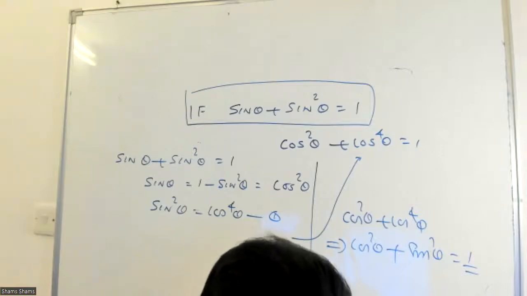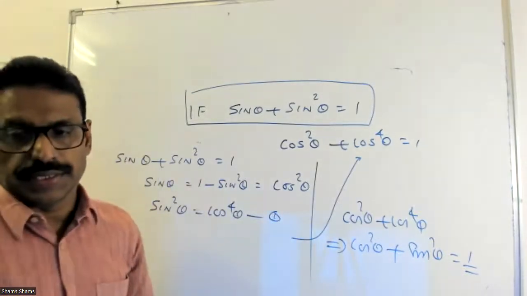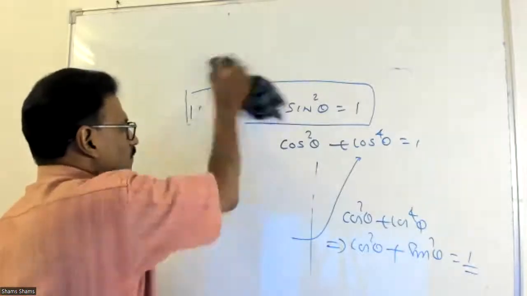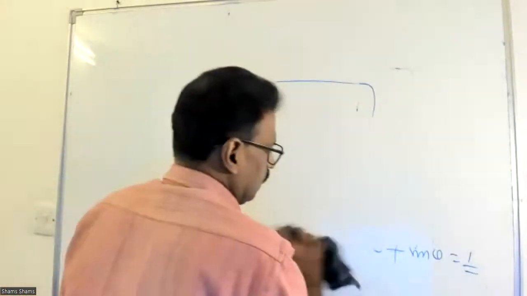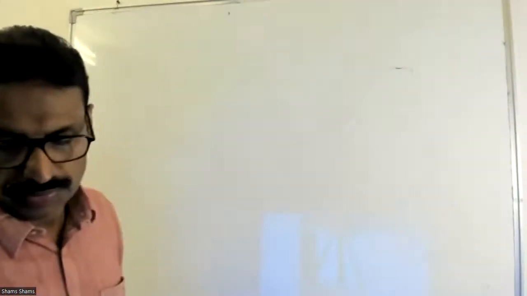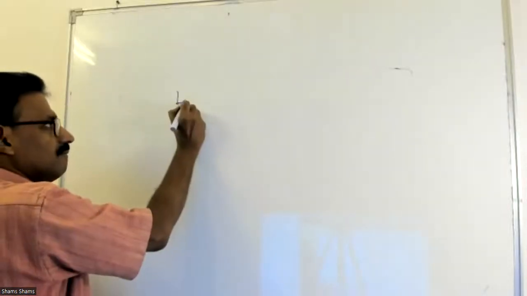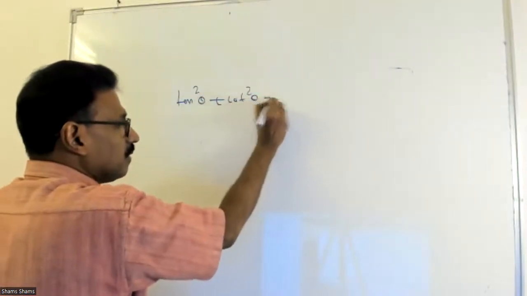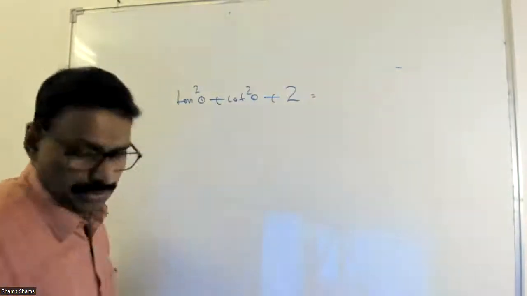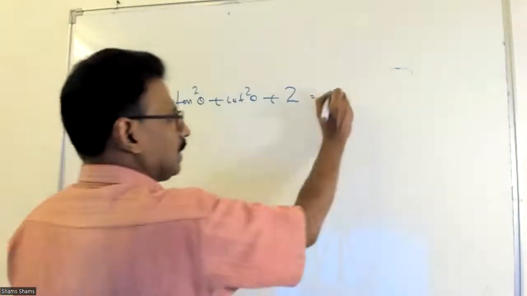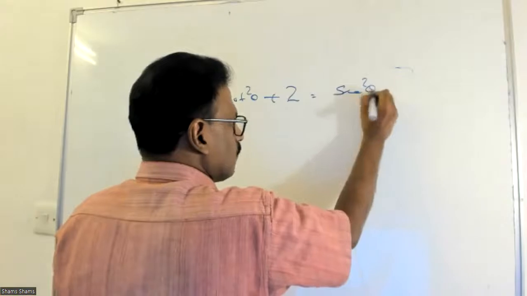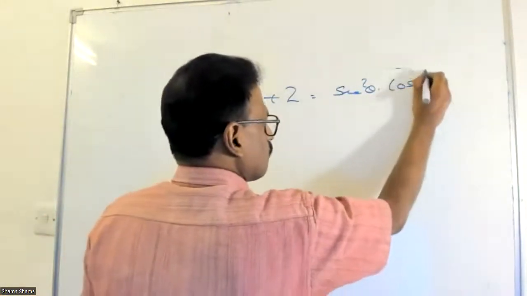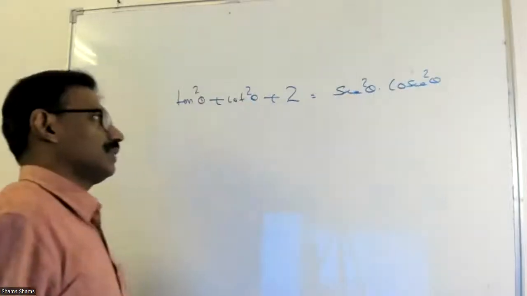Tan square theta plus cot square theta plus 2 equal to sec square theta into cosec square theta.